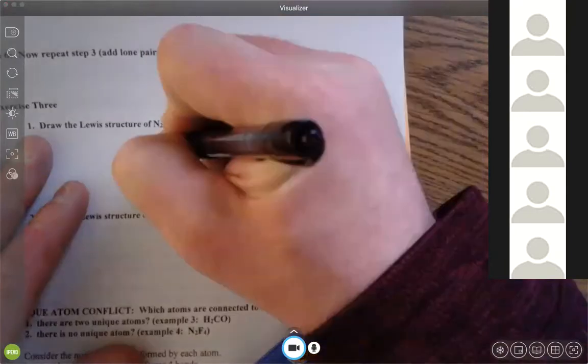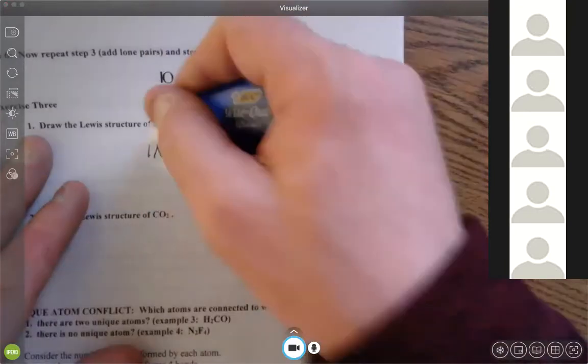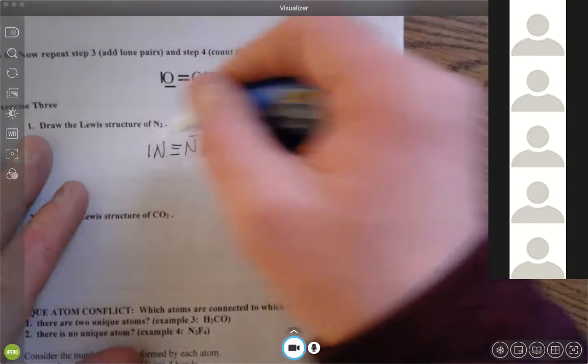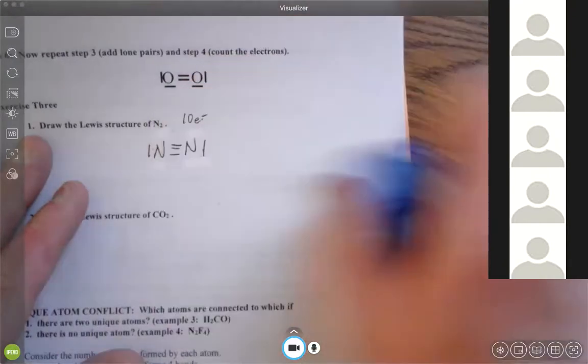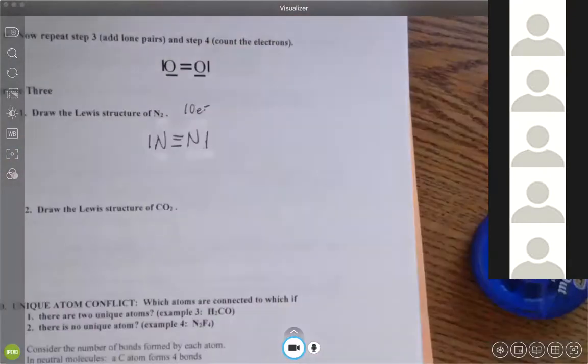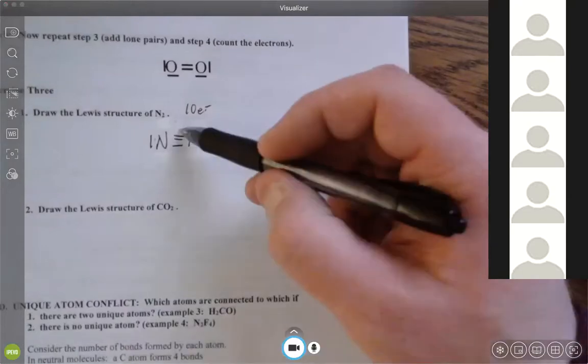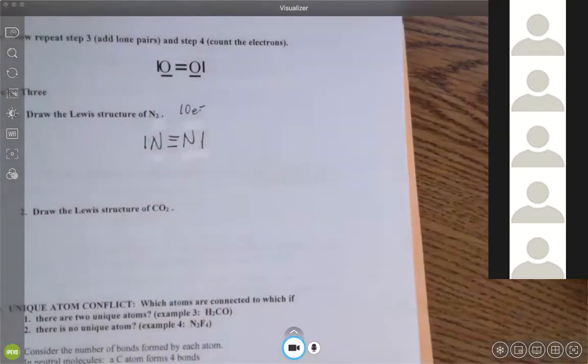And anytime we do that, we take away 1 pair from each one we put the bond between. So now if we count these up, 2, 4, 6, 8, 10, we're perfect. We have the perfect number of electrons like we should.